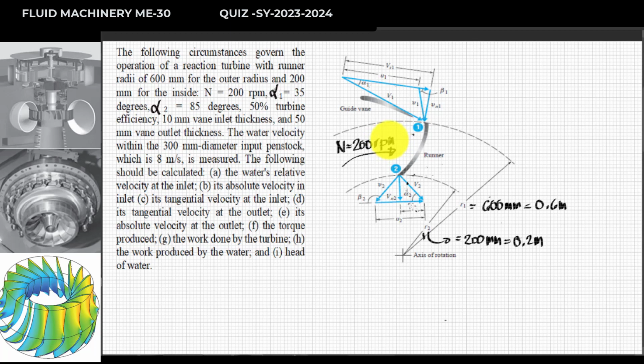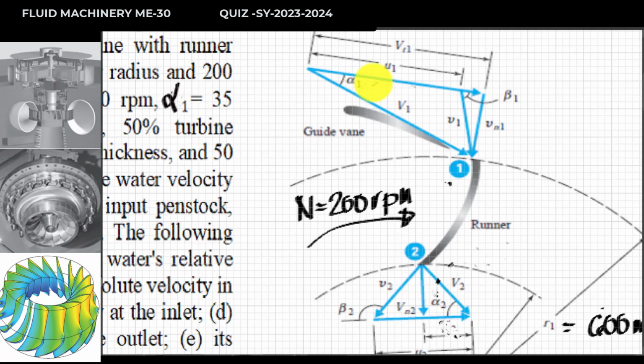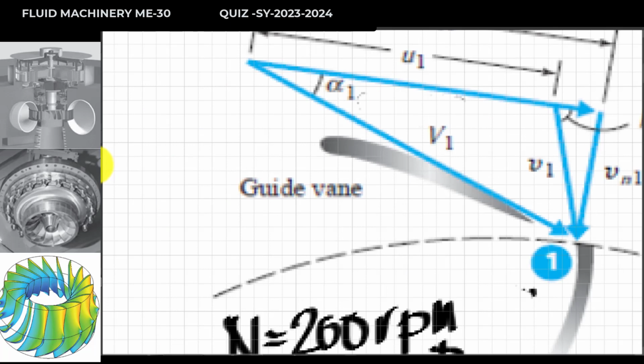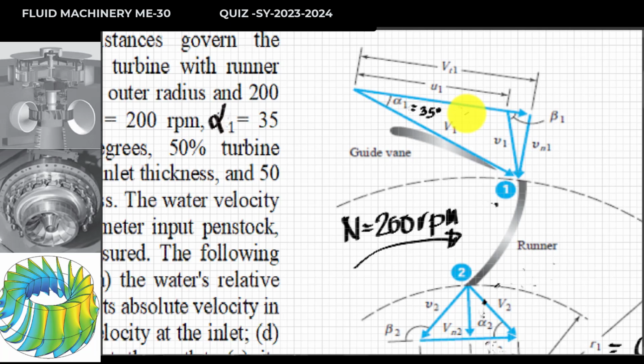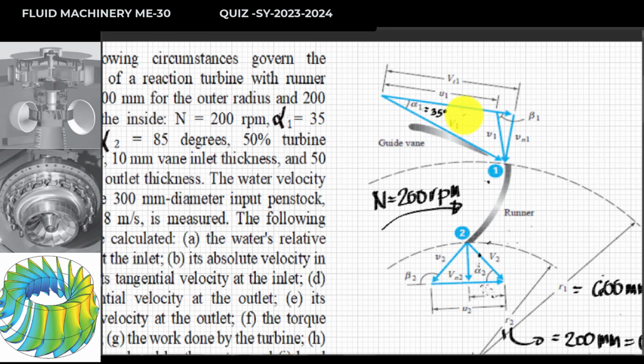And for the angle of attack, initially this is 35 degrees. If we zoom in, this is my 35 degrees inlet.